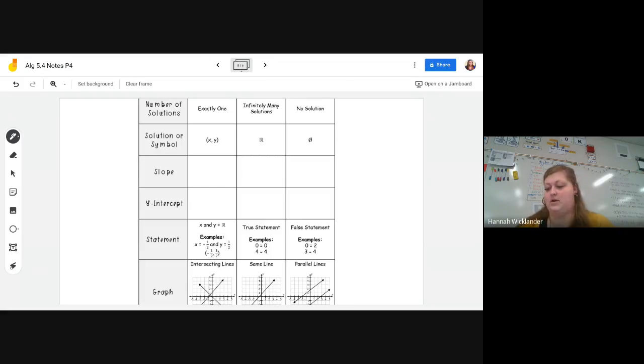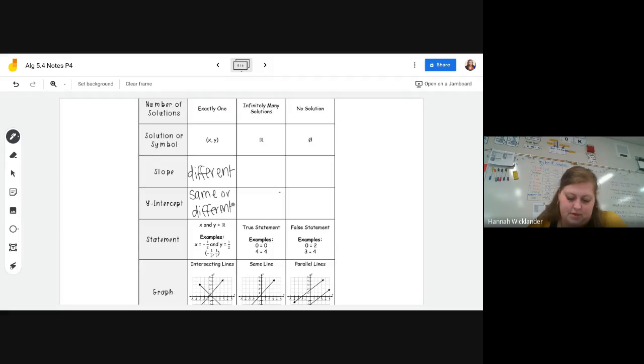So it'll be x comma y. The slopes will be different. And the y-intercept can be the same or it can be different. So they can start at the same point, or they can start at different points and intersect at another spot.